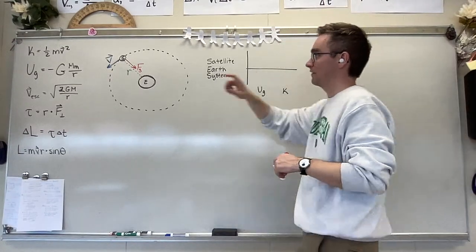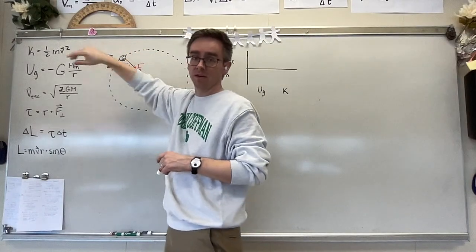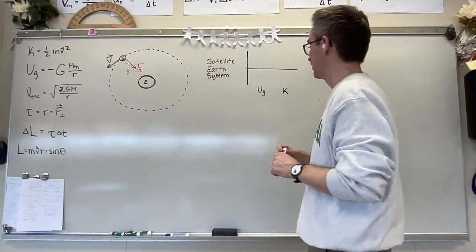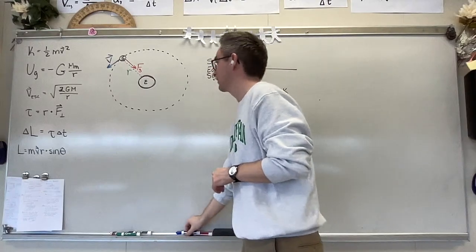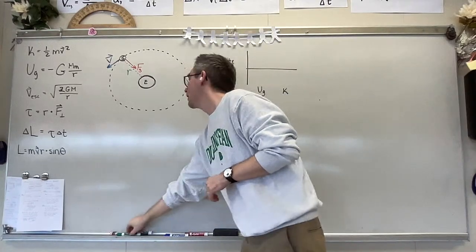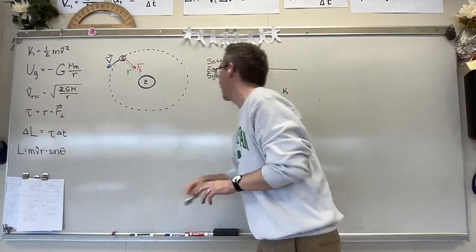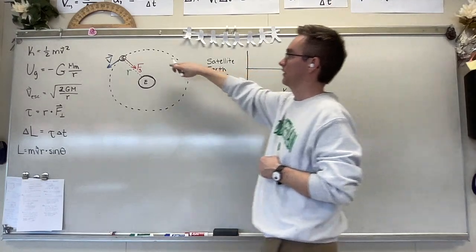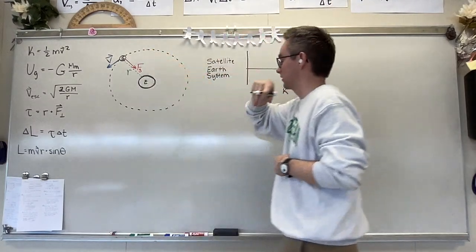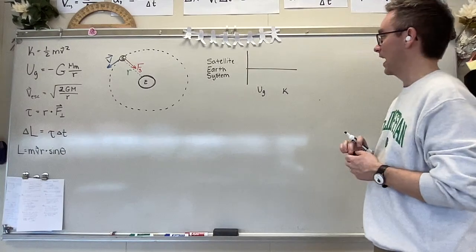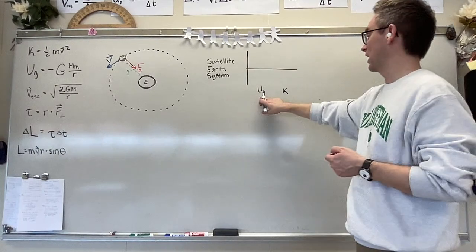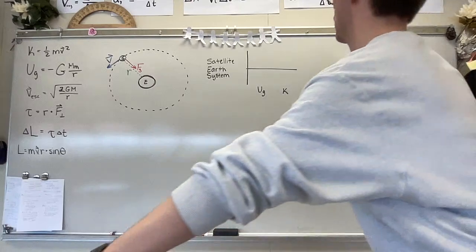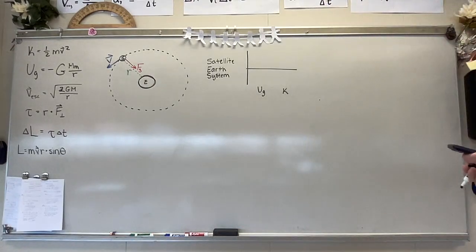So let's talk about what we have here in terms of our total energy. We have our satellite-Earth system, and the force that's acting between them. So we're going to have our gravitational potential energy, and we're going to have our kinetic energy as they act through those.